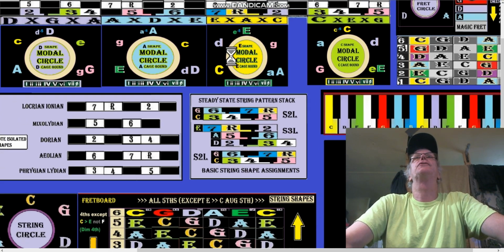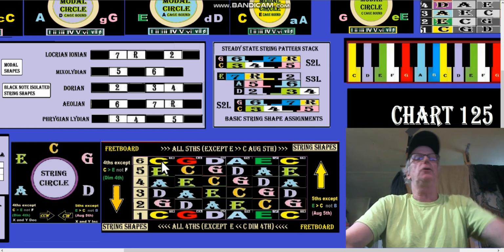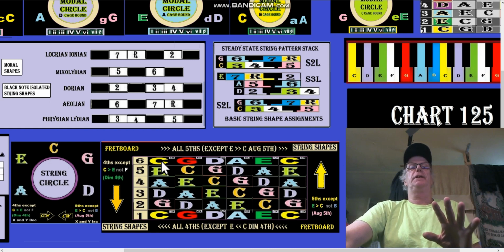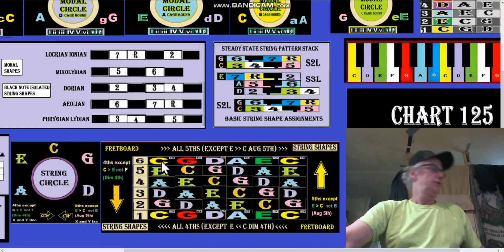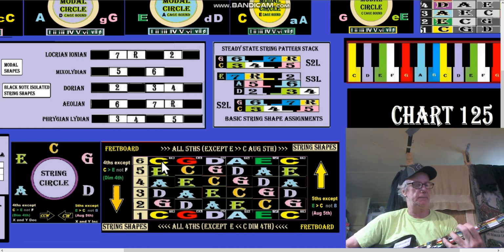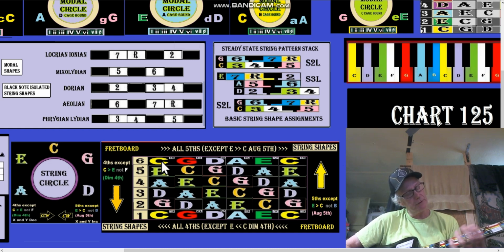But let's look at the string circle again now. This is our fretboard. Okay, and the string circle is set up so that it's no longer caged now. It's in fifths. So we're not going to have cage to cage interference like C to A. There's that border between C and A, you know.